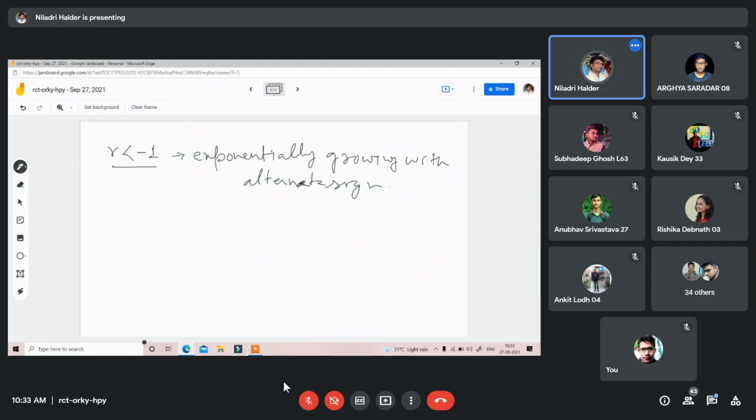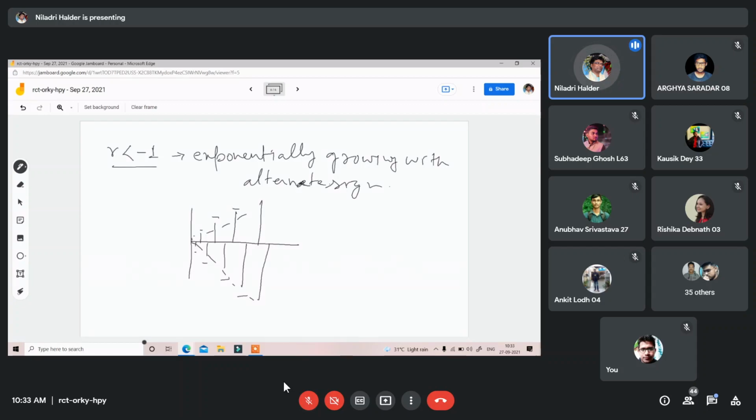Means it will grow like that. It will grow but with alternate sign. The first value is 0, then the second value is negative, the third value is positive, the fourth value is negative, the fifth value is positive, negative, positive, negative, like that. In that way it will grow.